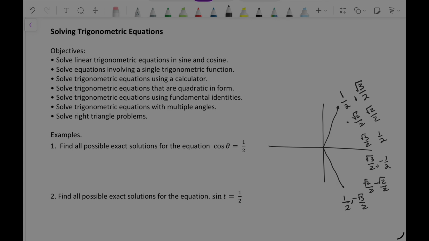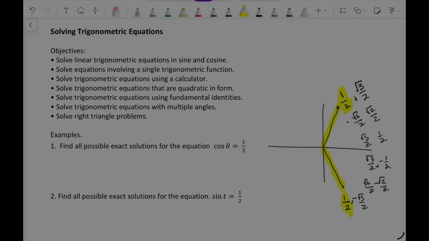Okay, so where do we have a cosine value of 1/2? That happens here, and that happens here. If you have a unit circle, you should get that out when you're working with problems that involve solving, so that you can quick reference if you don't have it mentally memorized at this point.